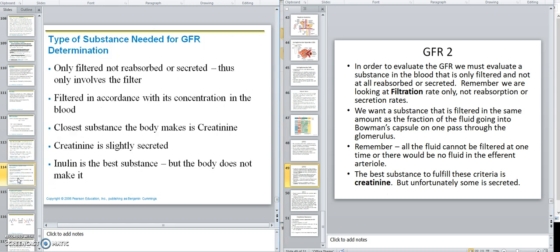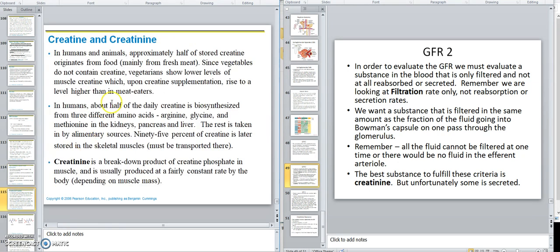What we have is I want to talk to you about creatine and creatinine. In humans and animals, approximately half of stored creatine originates from food, mainly from fresh meat and so forth, some vegetables. We produce that. Now, creatine, go back to your muscle.